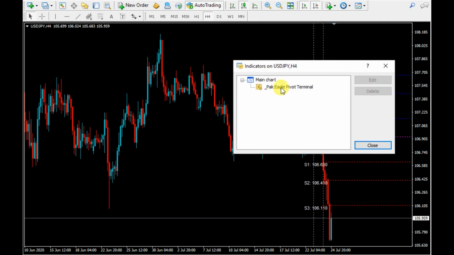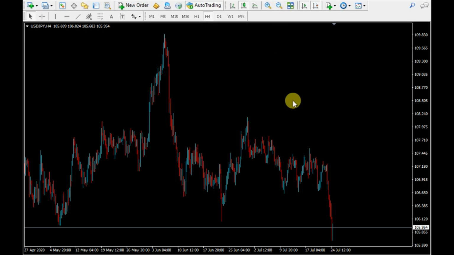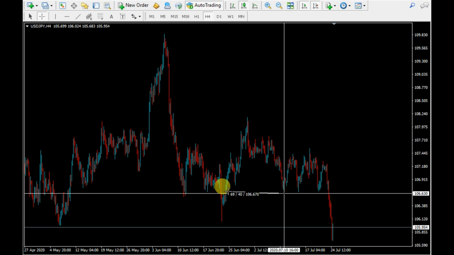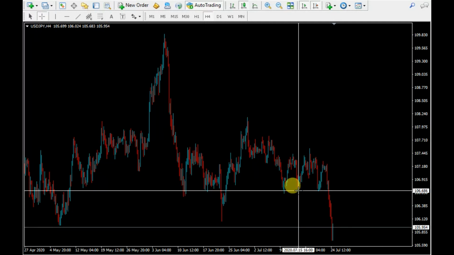So now let me explain to you guys how to understand on the naked chart what support and resistances look like. So guys, see here on H4 how the market follows the pattern. Over here there was a very strong support, and it followed the pattern of this market over here, and now it followed the pattern of these previous candles, and then the market took a push back up.